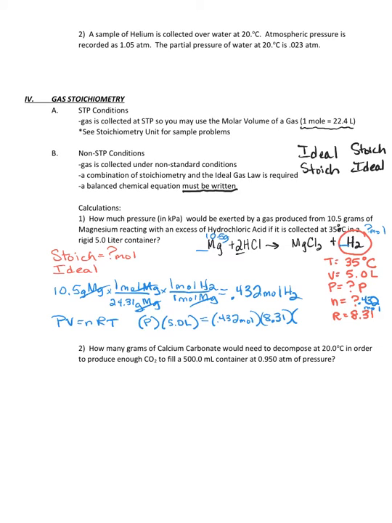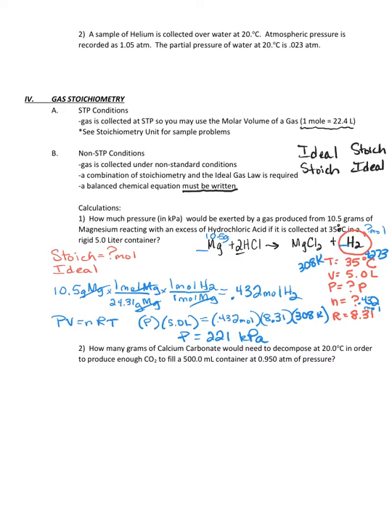Some of you messed that up on your quiz. Remember, we add 273, and that would be 308 Kelvin. When we solve for pressure, we multiply everything on the right, divide by our 5.0 liters, and we get our answer, which would be 221 kilopascals.